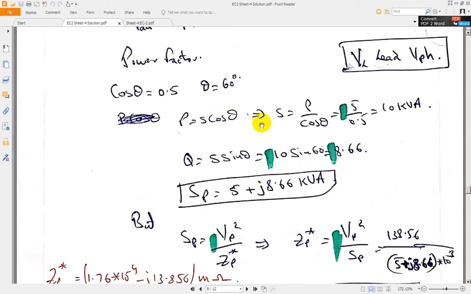P is S cos theta and Q is S sin theta. We know cos theta is already given, so S is equal to P divided by cos theta, and you will get 10 kVA. Similarly, Q is equal to S sin theta, so 10 sin theta is equal to 8.66. So the apparent power S is equal to P plus j8.66, where P is 5.